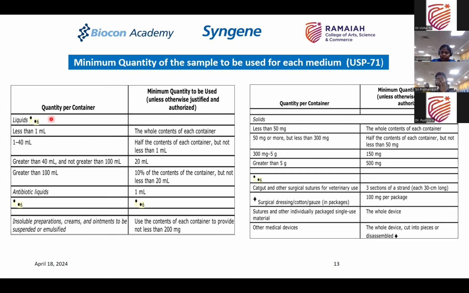This is about what we studied. We studied how much amount of the sample has to be used for our analysis.